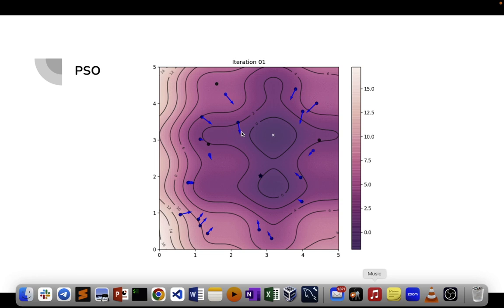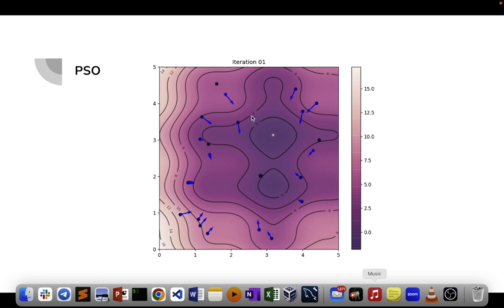This velocity is subject to inertia and is governed by the two best values found so far. The first value is the best personal solution the particle has found so far, and the second one is the best global solution that the swarm, meaning the group of particles, has found so far. So each particle has in memory its best personal solution and the best global solution.